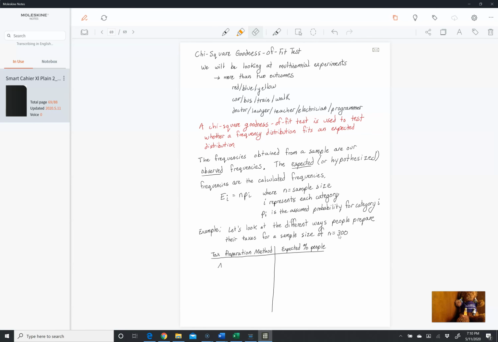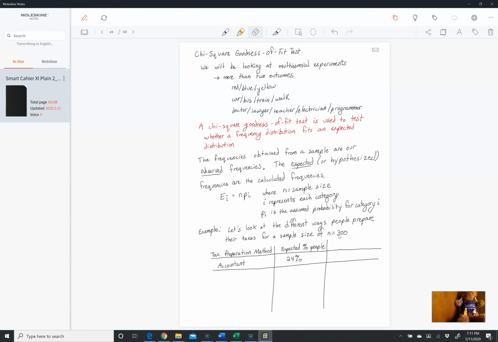So you're given that we expect 24%. We're going to be adding another column in here. That's going to be the expected frequency. Okay. We expect that 24% of people prepare their taxes by bringing them to an accountant.